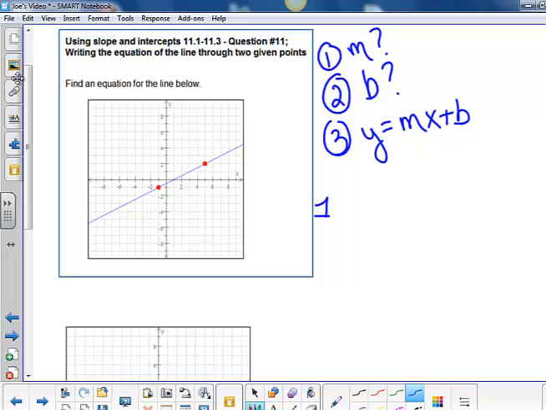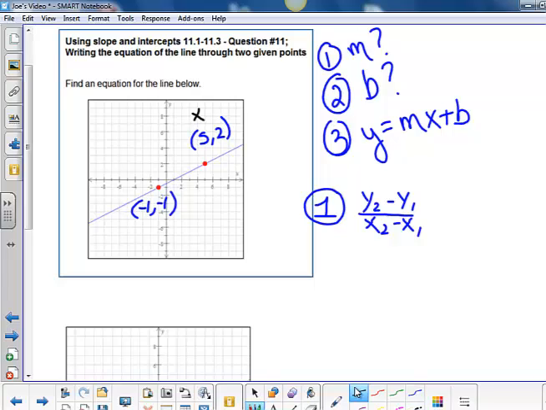So let's solve for slope. First step, y2 minus y1 over x2 minus x1. If I look at the points here, I have the ordered pair 5, 2 and the ordered pair -1, -1. Those are going to be my points to calculate slope.